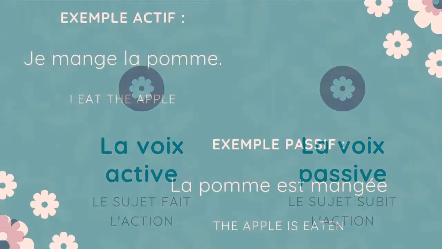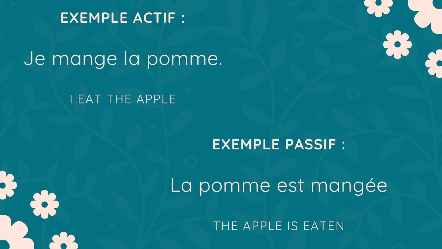So, for example, if you say je mange la pomme, the subject is je, so I eat the apple. Je is doing the action here. For the passive voice, you can have la pomme est mangée. The apple is eaten. Here, the apple undergoes the action.